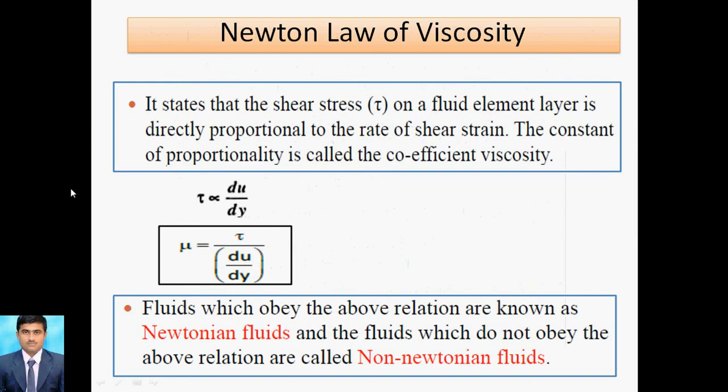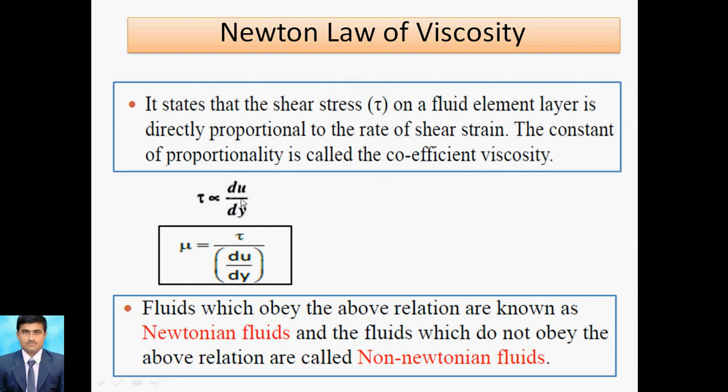Now we move to Newton's law of viscosity. While expressing viscosity, it is stated that the shear stress is directly proportional to shear strain, or we can say velocity gradient. The constant of proportionality is called the coefficient of viscosity. So the equation becomes mu is equal to tau upon du by dy.